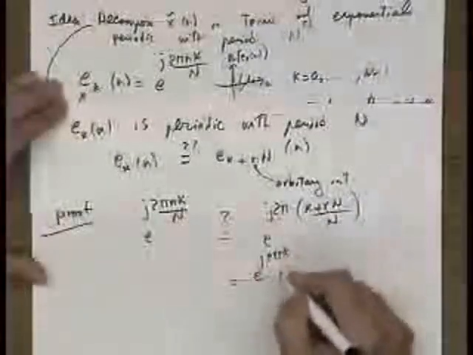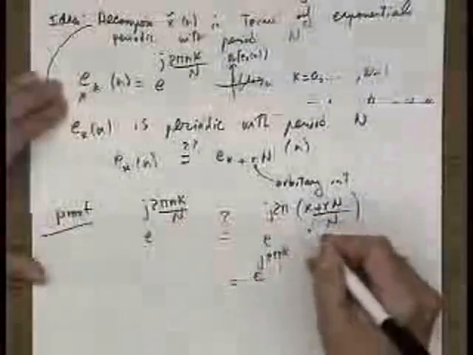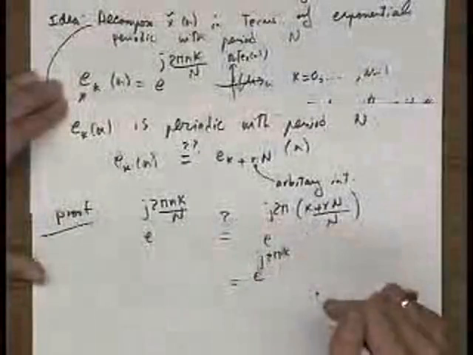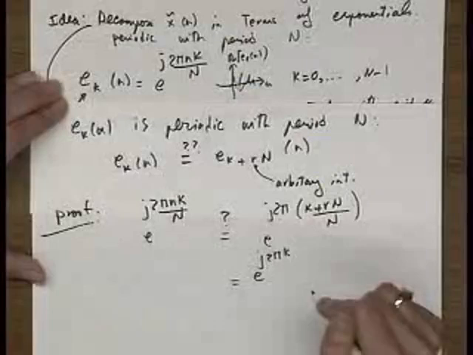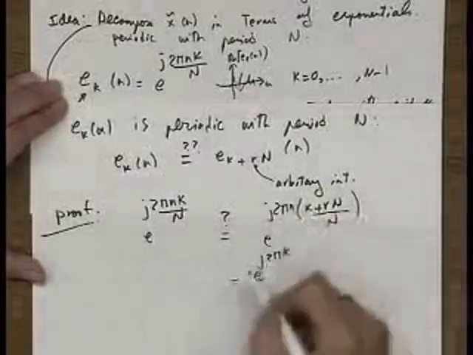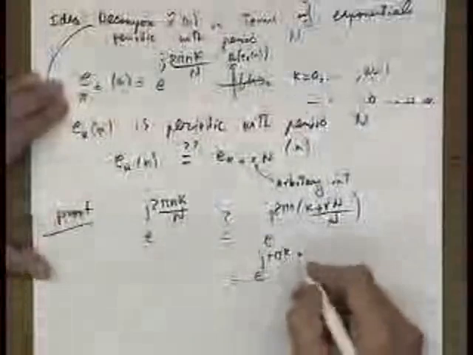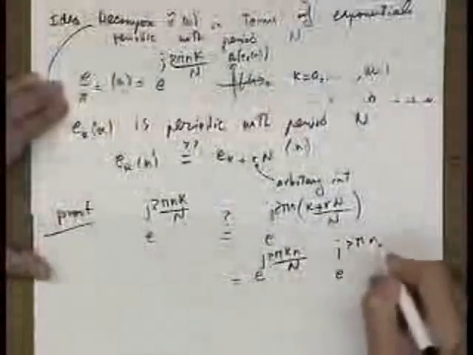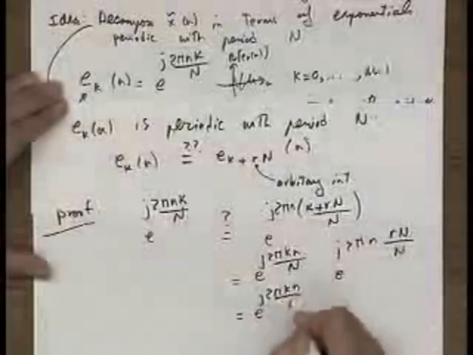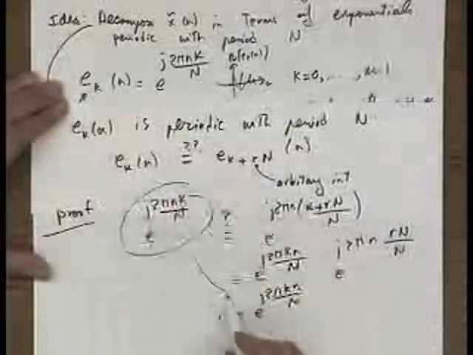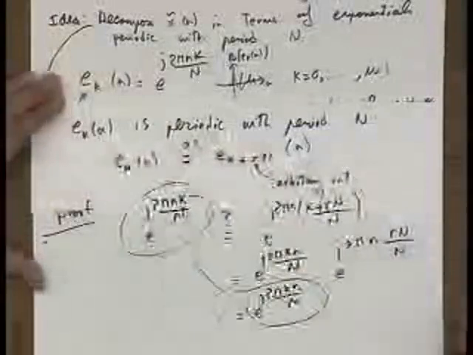And the answer is yes, because you separate this exponential out, and what you get is e to the j 2 pi kn over N times e to the j 2 pi rN over N. The N's cancel out, and this is just 1, so this is e to the j 2 pi kn over N, which then indeed means the left-hand side is equal to the right-hand side. So these are periodic, no question about it.